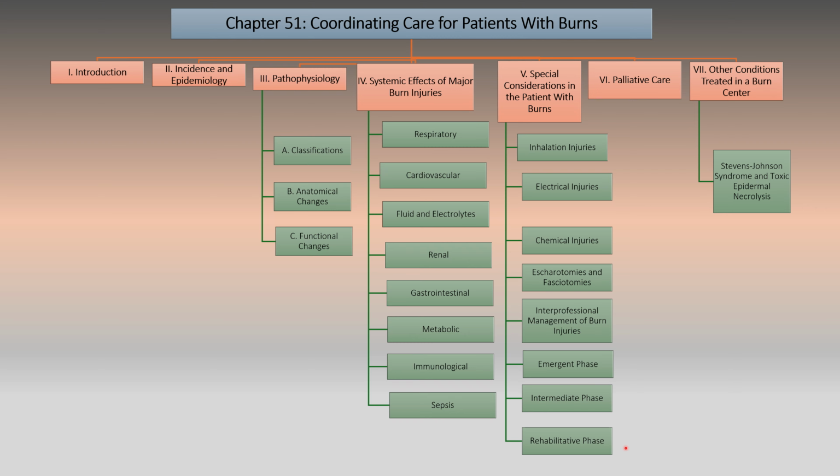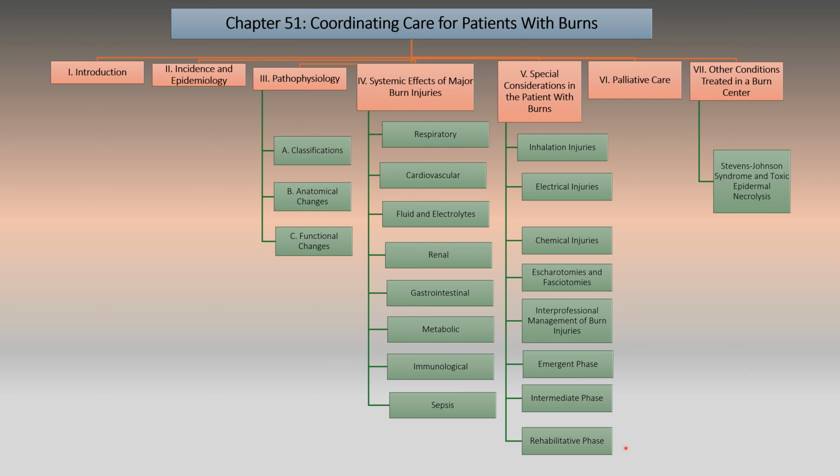Discharge planning: ensure a seamless transition home with community resources and outpatient therapy services. Nursing management priorities: assess patient compliance with splinting, pressure garments, and daily home exercise regimens.